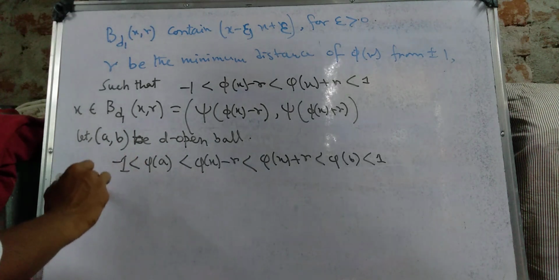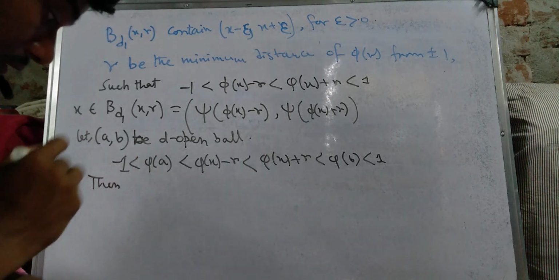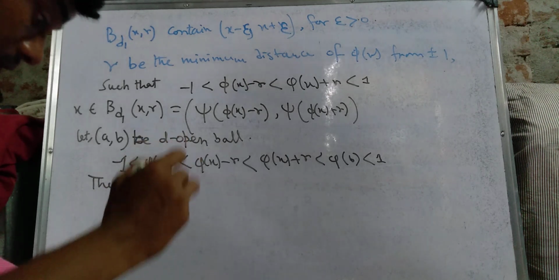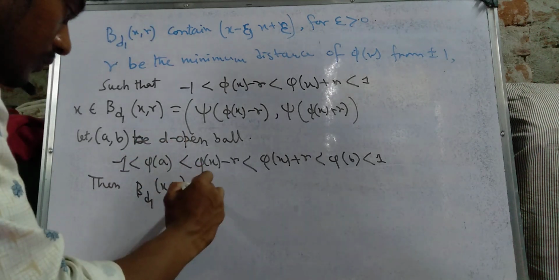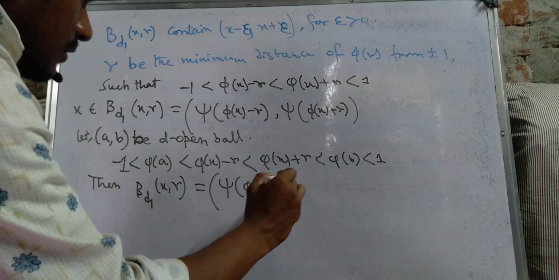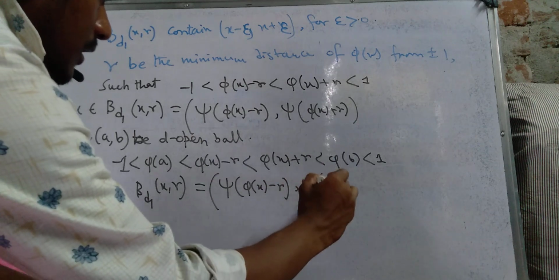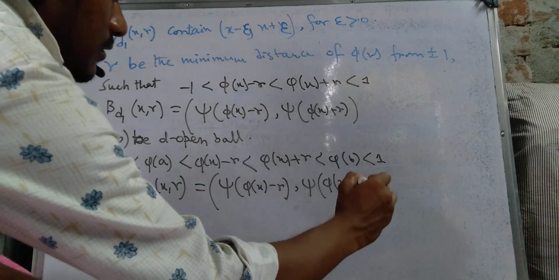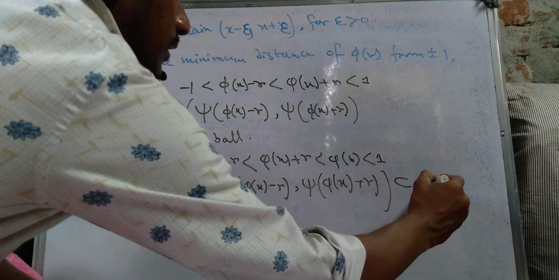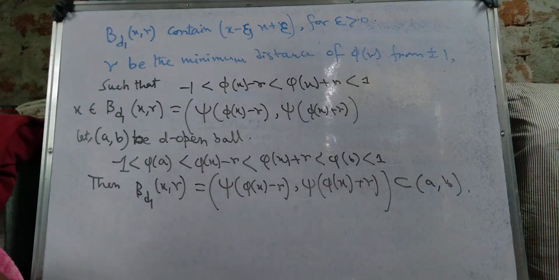Then B_d1(x, r) equals (psi of phi x minus r, psi of phi x plus r), subset of AB, okay.